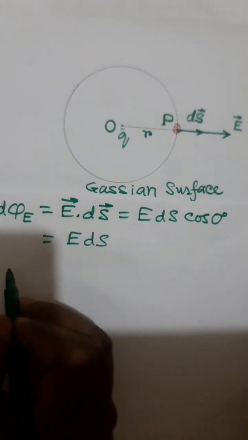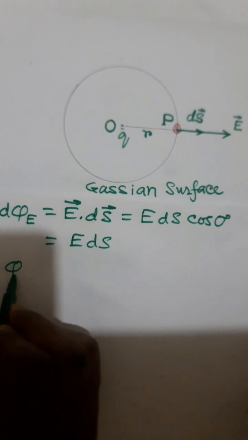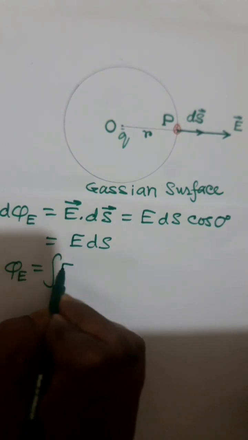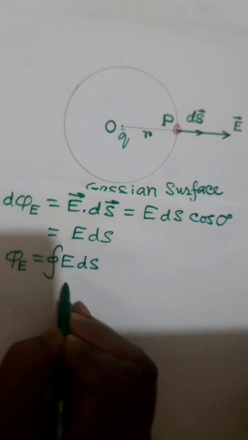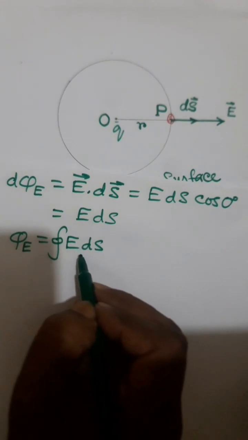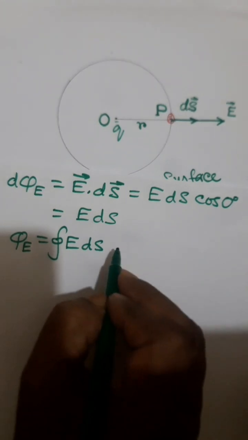The total flux of the Gaussian surface phi E equal to closed integration E ds. The magnitude of the electric field E everywhere on the surface is constant.